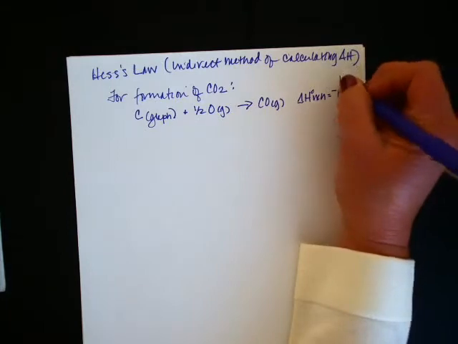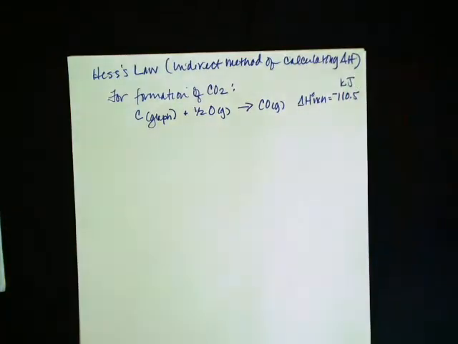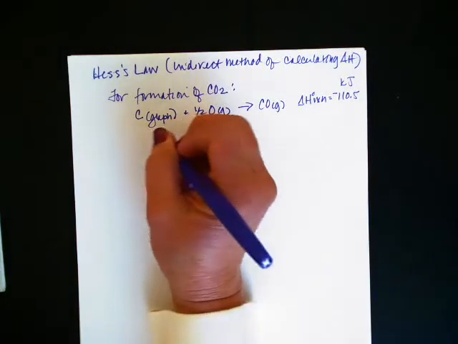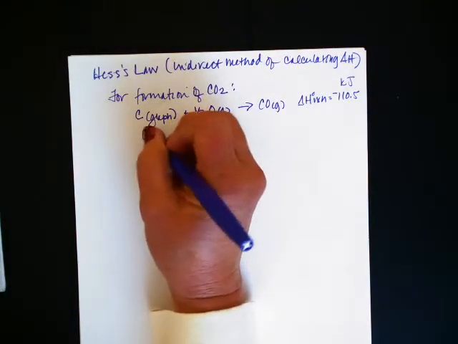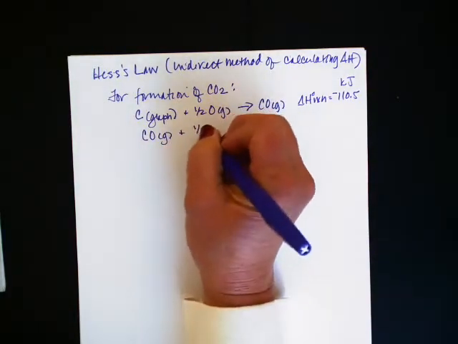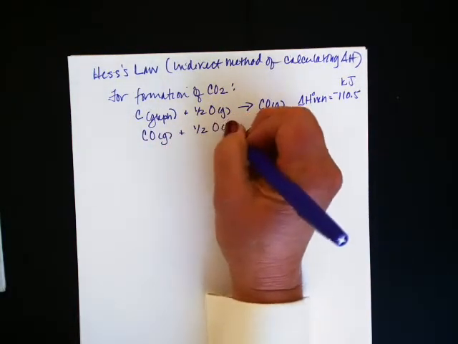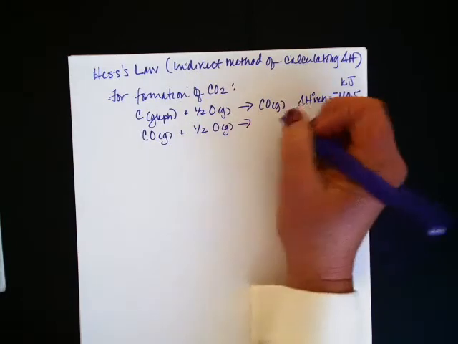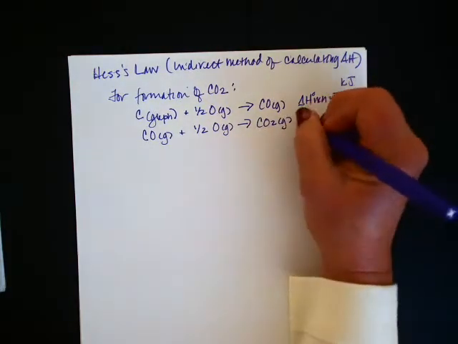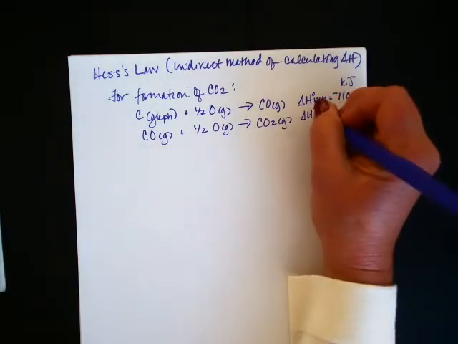And the other equation I have is carbon monoxide then reacting with a half a mole of oxygen to produce CO2. And the delta H for this reaction is negative 283.0.